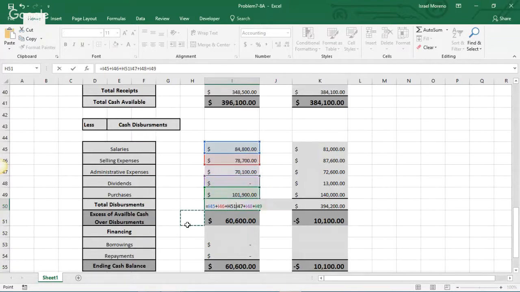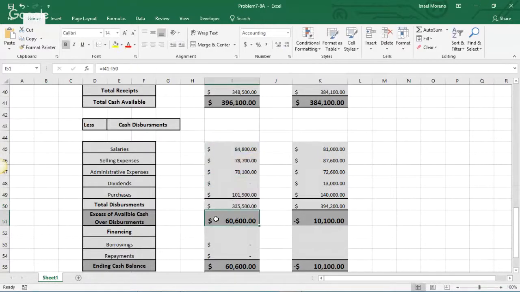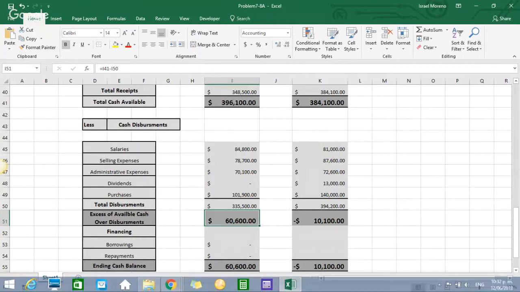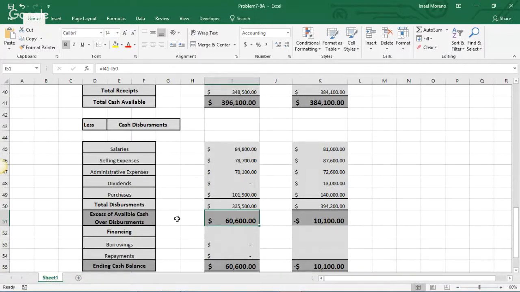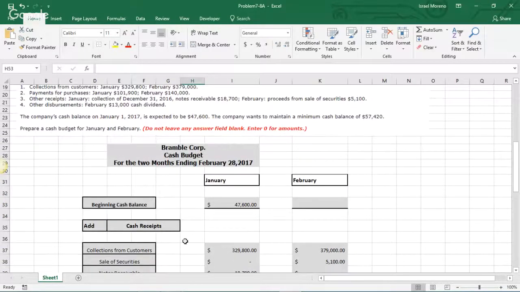Once you're done, you want to subtract the total disbursements from the total cash available that we got in here. That will give you this answer. But first, I'm going to show you how I got all these numbers.